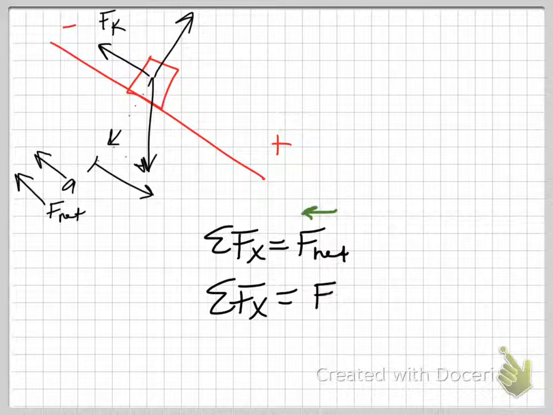So I'm going to do Fk, and of course Fk is in the same direction as net force. Okay, hold on. I got Fgx and I got Fk. Without assigning signs, Fk is this way, Fgx is that way, yes? We all agree.